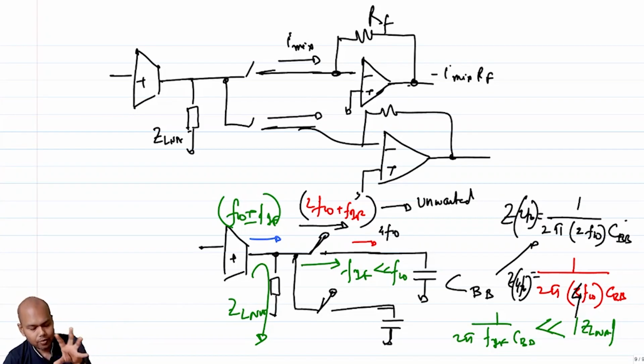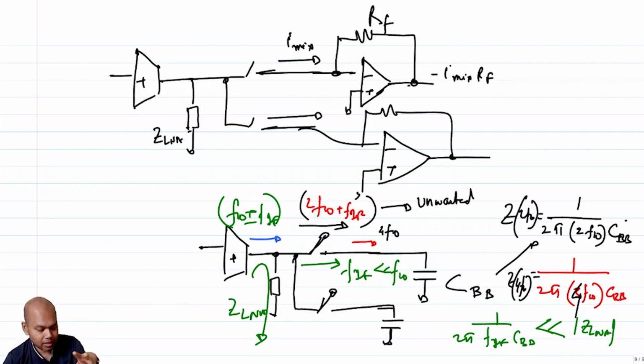The attenuation will correspond to the value of CBB, but you get the idea. The majority of the signal swing across this capacitor will be because of the desired FIF, and 2 FLO, 4 FLO, 5 FLO and so on will get sufficiently attenuated, right?